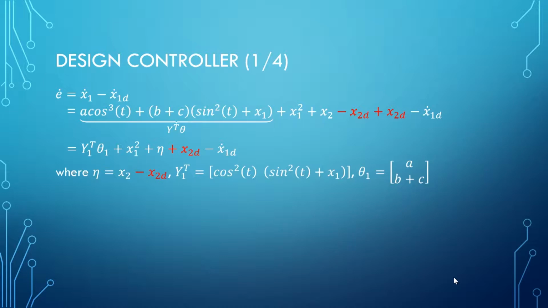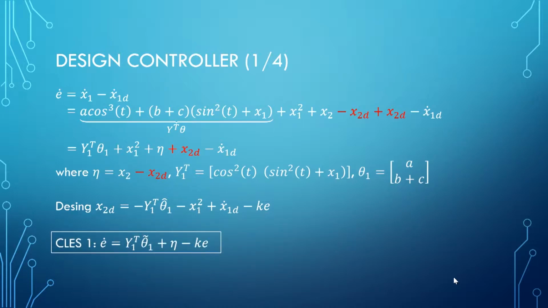I think I had a typo here: it should be y1 and theta 1, and before I had y and theta. So change y and theta to y1 and theta 1, because I have y2 and theta 2 later in the second system. So you just put the unknown parameters into theta 1, and y1 is the regression matrix. So here should be fine, the virtual control input, and the closed-loop error system for the first system.